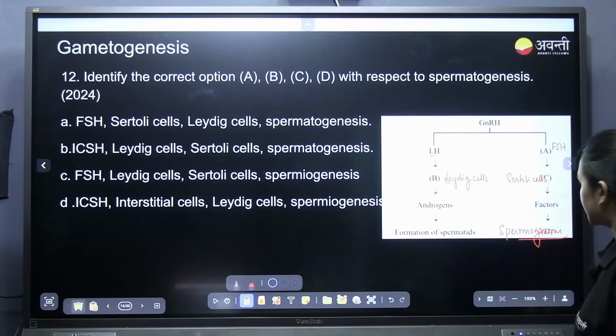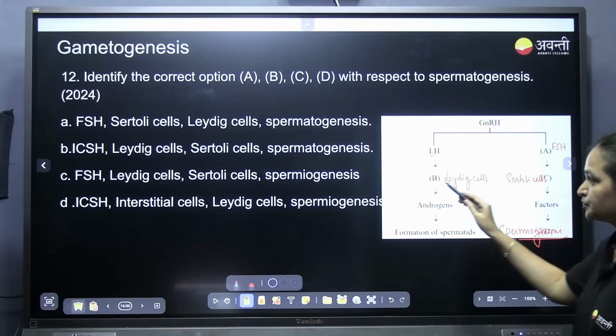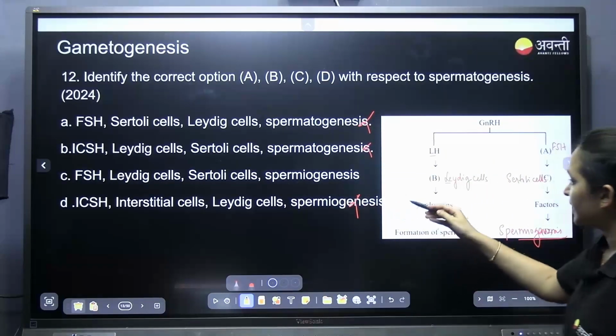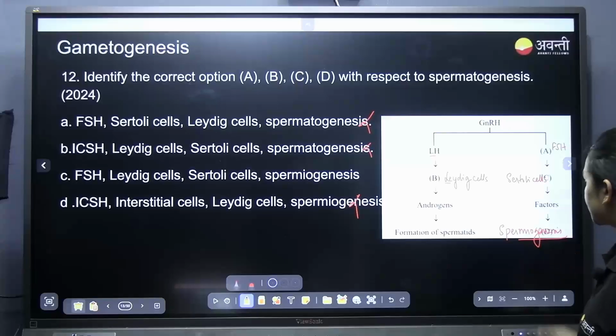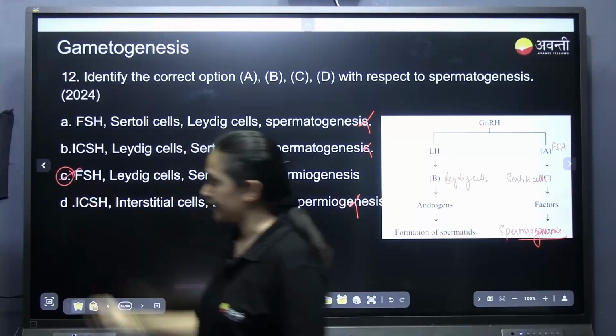So A is FSH, B is Leydig cell, C is Sertoli cell, and D is spermiogenesis. Understood? So C is the correct answer.